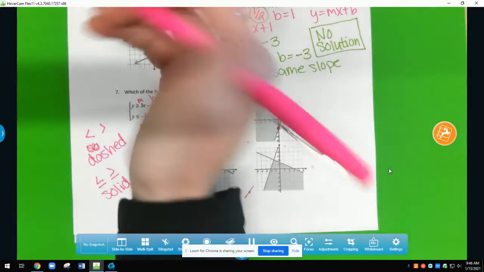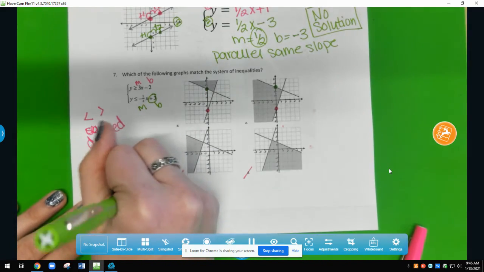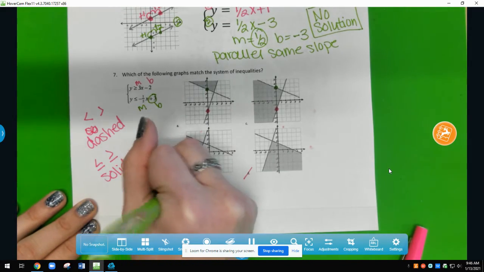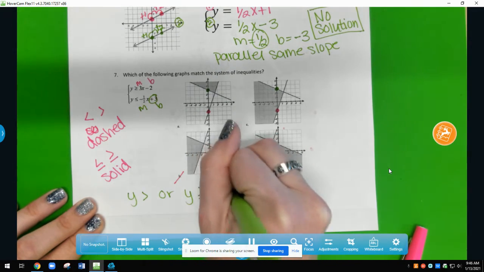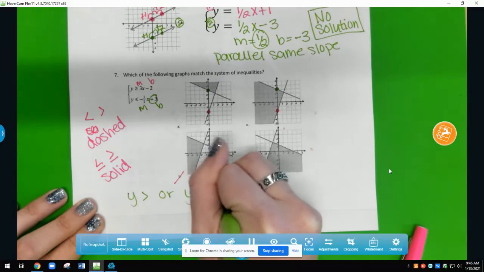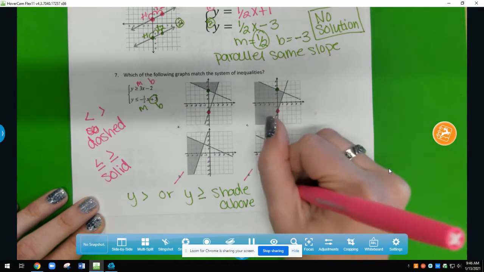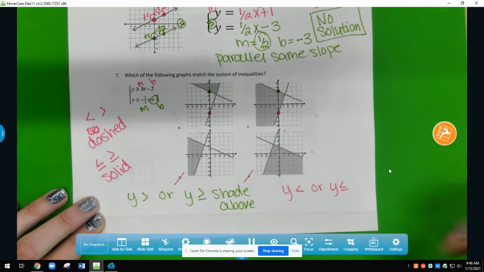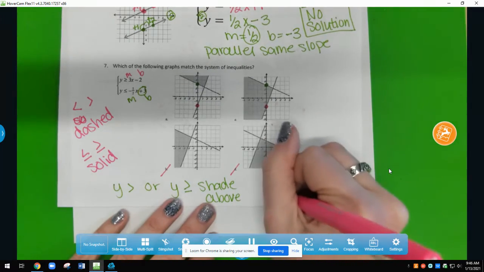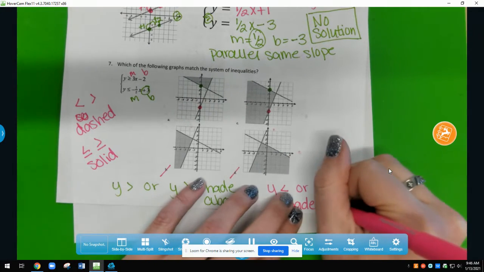Now, if y is greater than or y is greater than or equal, we're going to shade above. If y is less than or y is less than or equal, we're going to shade below.